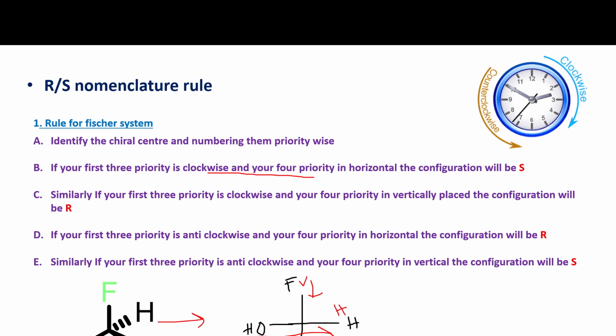Next we will try to solve how we draw the wedge bond to the Fischer projection. This will be easy. First, how you draw this one: you make this one like this wedge, and this one is above the plane like this wedge.